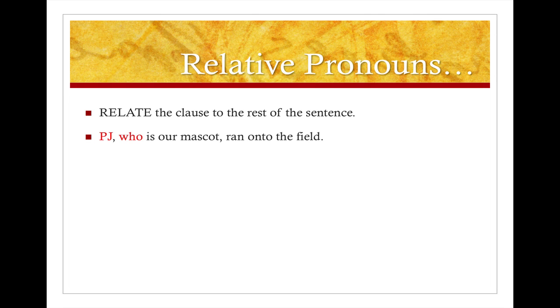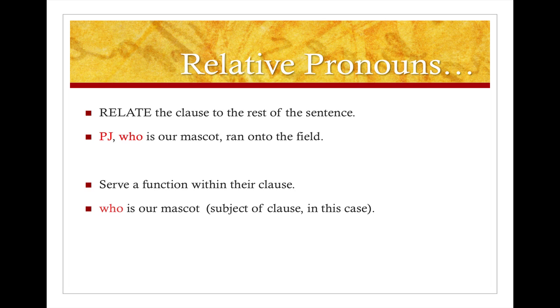That's one of the functions of the relative pronoun. It's making the connection between the independent and the subordinate clause. And the relative pronoun will serve a function within its own clause. I explained this a little earlier, I think, but who is our mascot. The word who is the subject in the little subordinate clause.